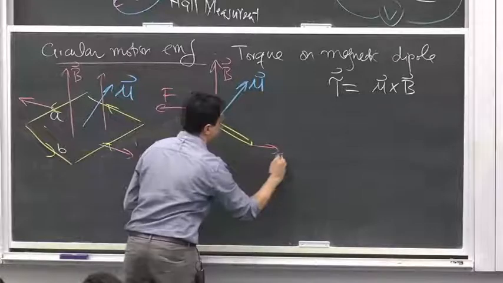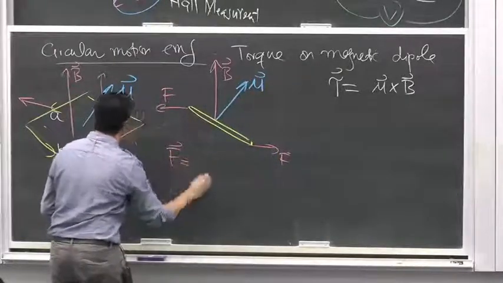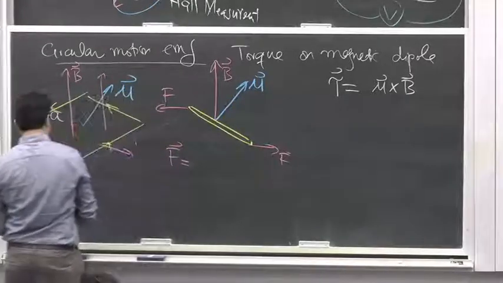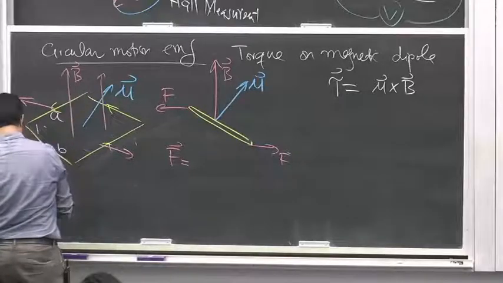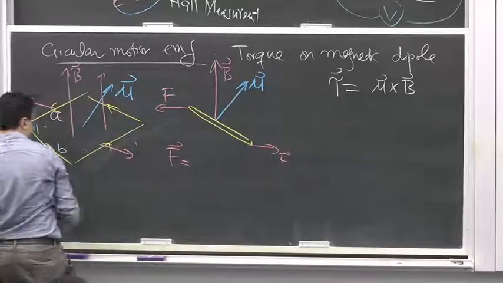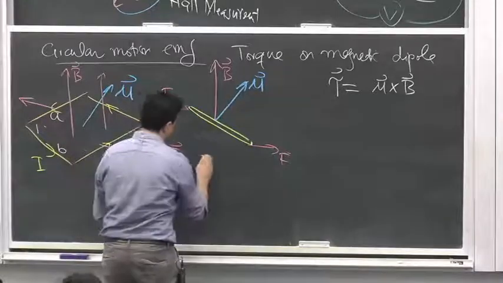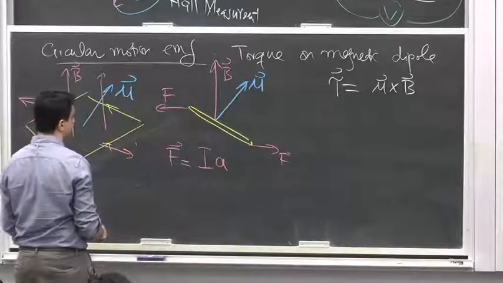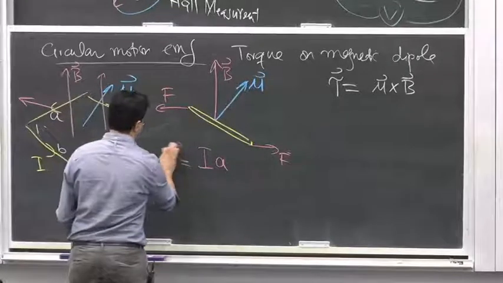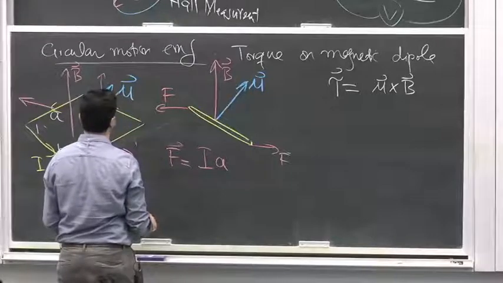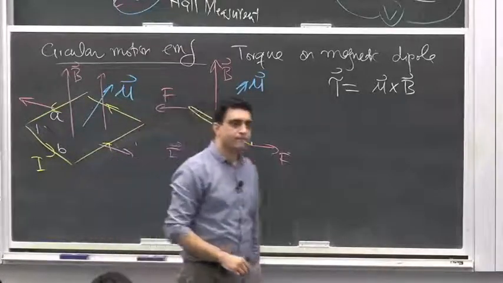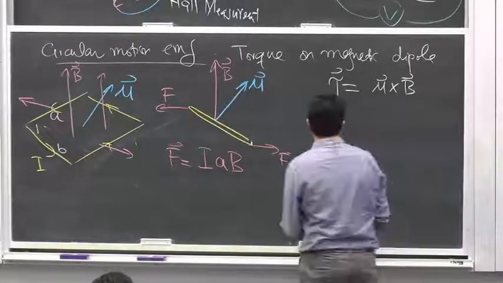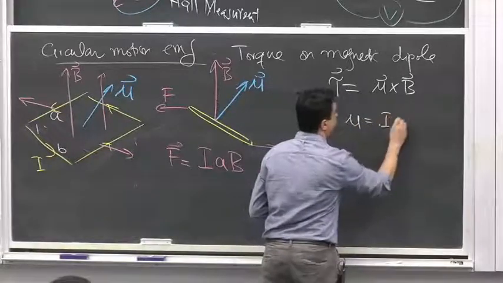and the force which acts on this side, the magnitude of that force is given by, if the current is I, that would be I A into B. Because how we define mu is I into area.